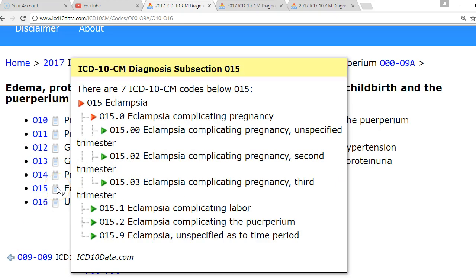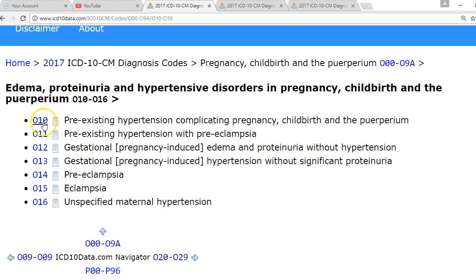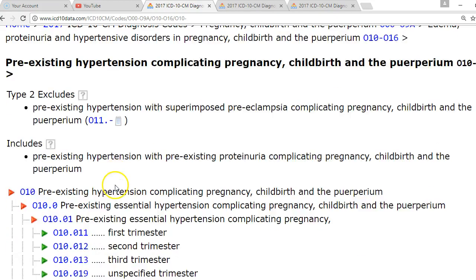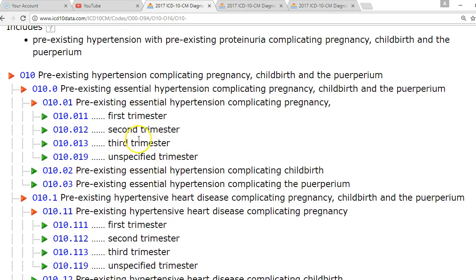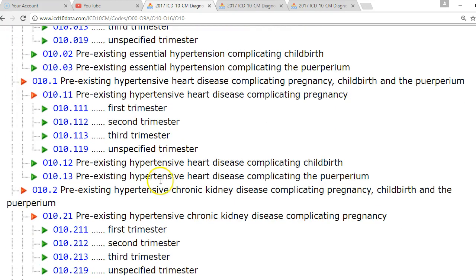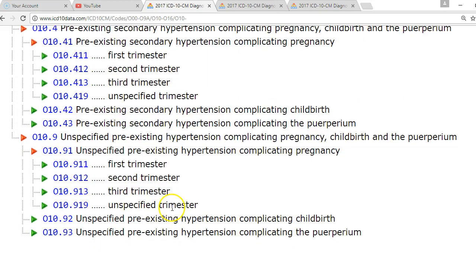These are basically the same types of conditions, and here again you can see certain ones have certain trimesters. So for the O10s, again, we have first, second, third trimester, unspecified trimester. Okay, we also have, going a little bit further, heart disease and things like that.